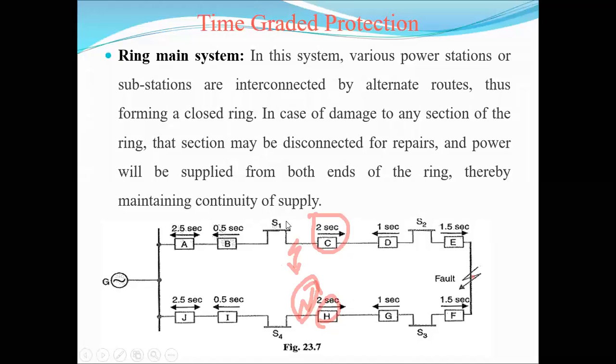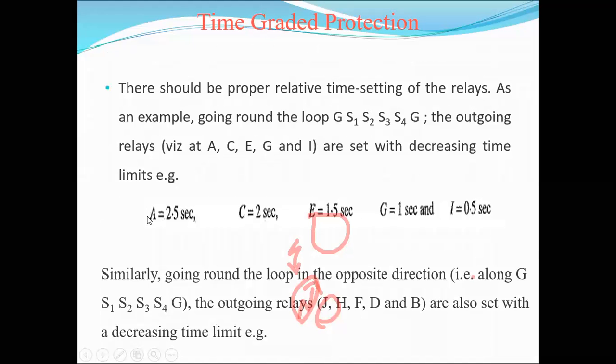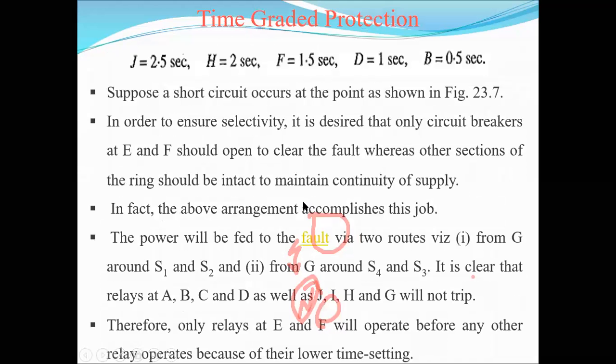There should be a proper relative time setting of those relays. As an example, going round the loop, that is G, S1, S2, S3, S4 and again G, the outgoing relays A, C, E, G and I are set with decreasing times.